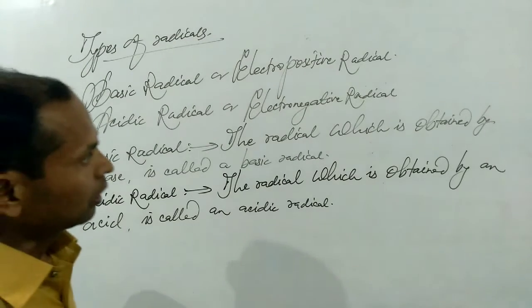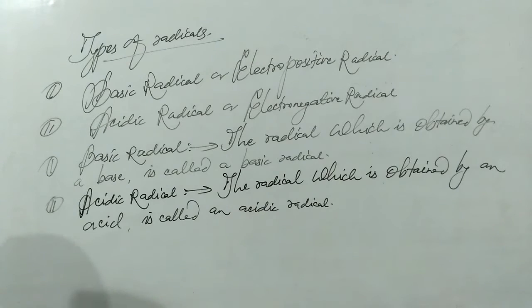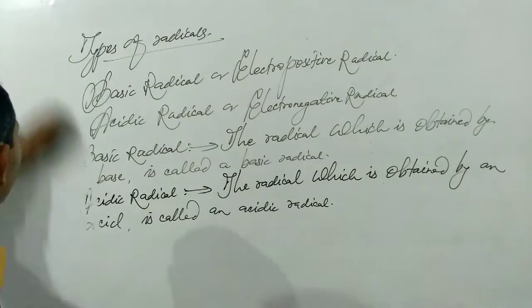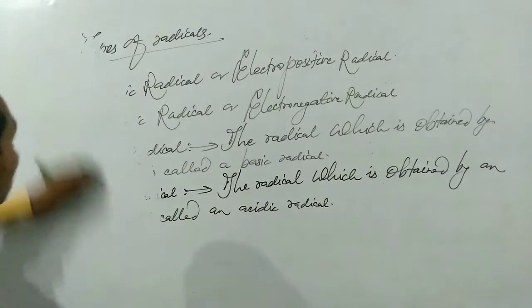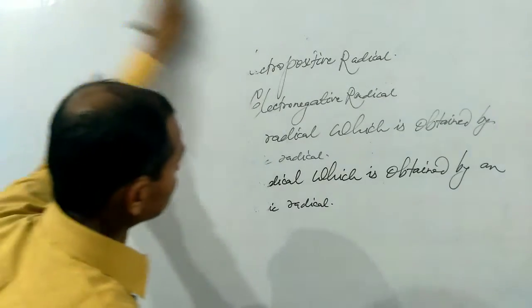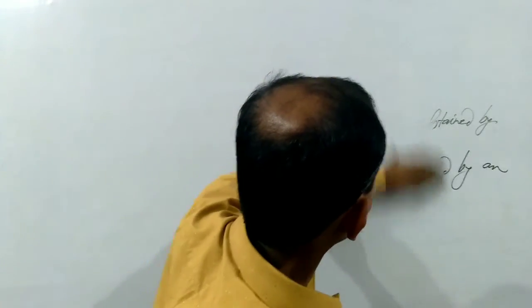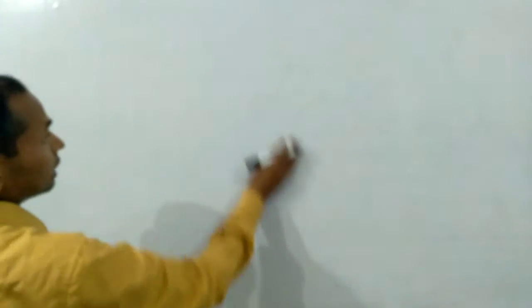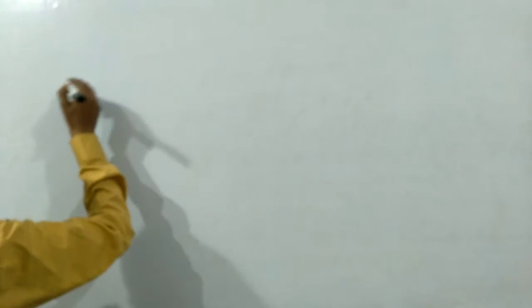We also have to give an example of these types of radical. In the example, we can see in what way a basic radical is called a basic radical and an acidic radical is called an acidic radical. So we can take an example which verifies that a basic radical is obtained from a base and an acidic radical is obtained from an acid, by giving one reaction.